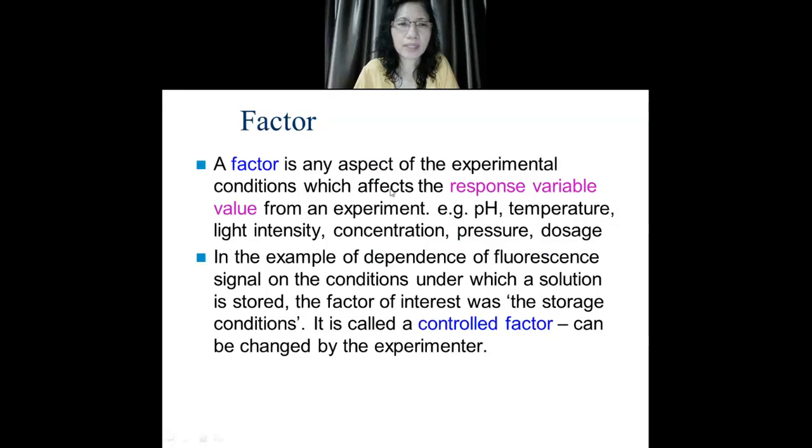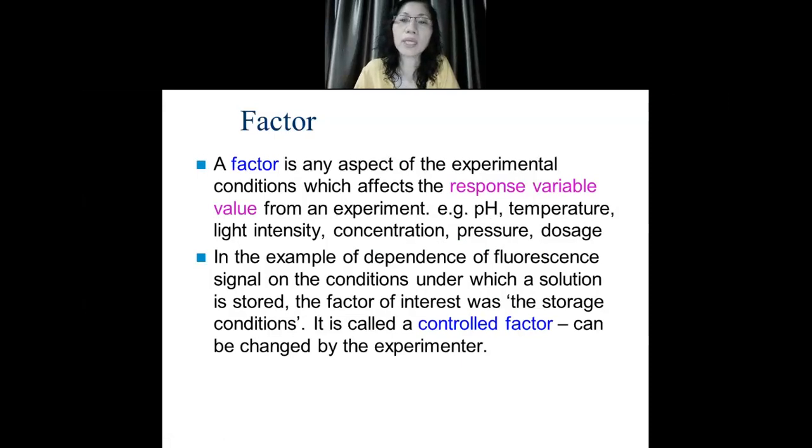First is factor. I have mentioned before when we were learning about one-way ANOVA. Now, a factor is any aspect of the experimental condition which affects the response variable value from an experiment. For example, as a chemist, you are doing some experiment to generate a product.